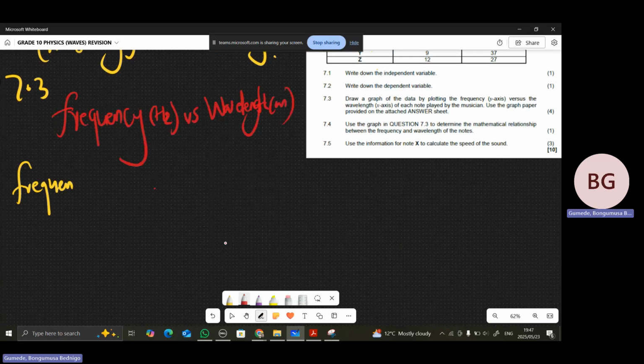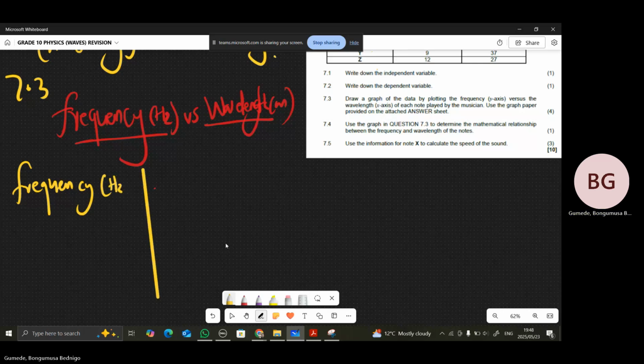So the second one is the x-axis. This one will be the y-axis. Frequency. Remember to show your units. And then we're going to have 0.